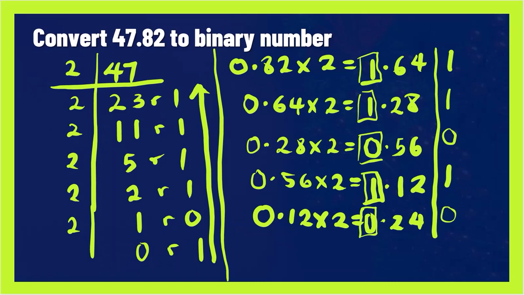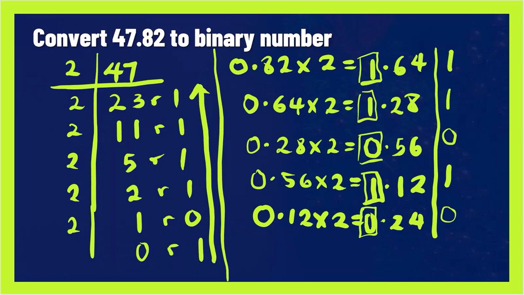Okay, one thing I want you to notice right now is this process can continue repetitively over and over. So we have to stop somewhere. Okay, so let me write down the answer to the fractional part.